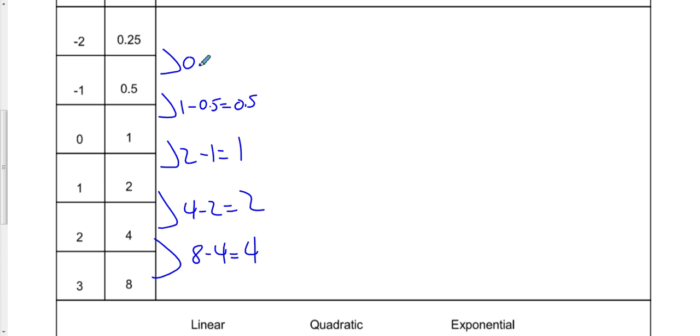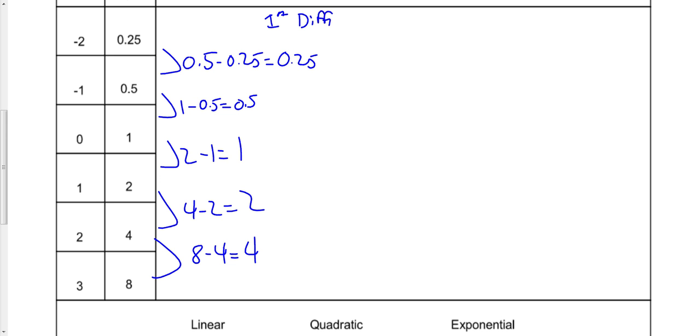And 0.5 minus 0.25 is going to equal 0.25. Okay, so obviously my first differences are not the same. They are all different.